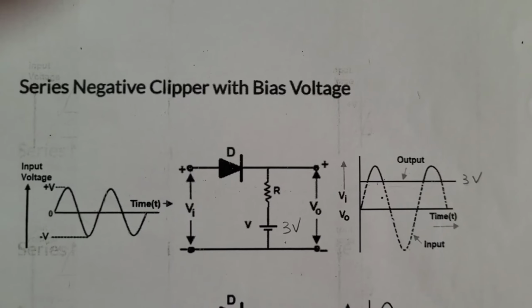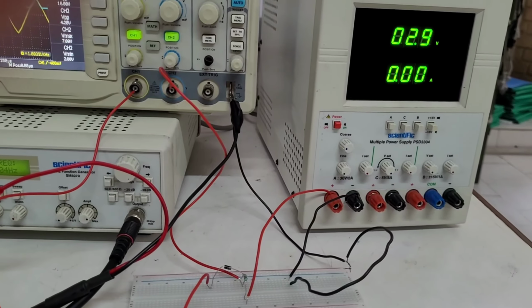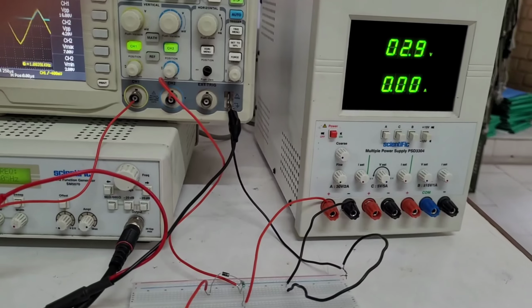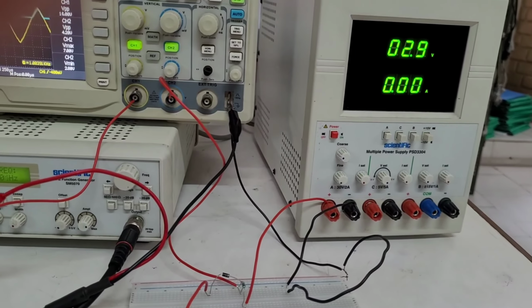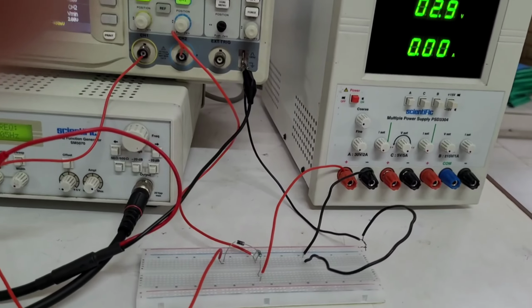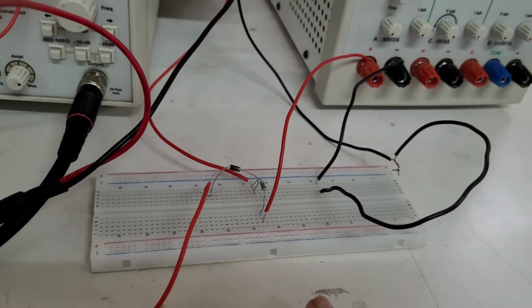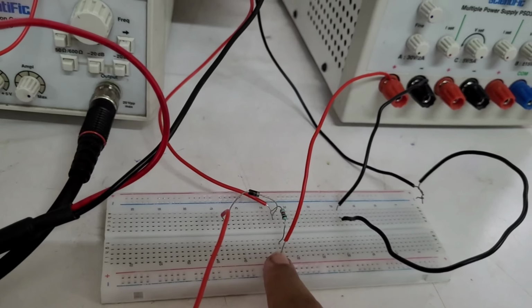Let's see the practical implementation. Positive bias around 2 volt is connected below the resistor.